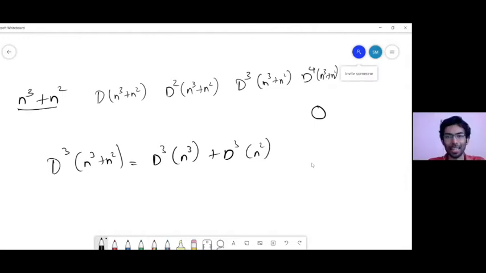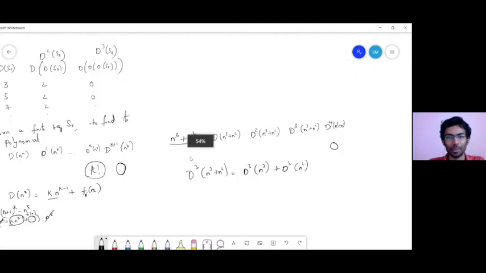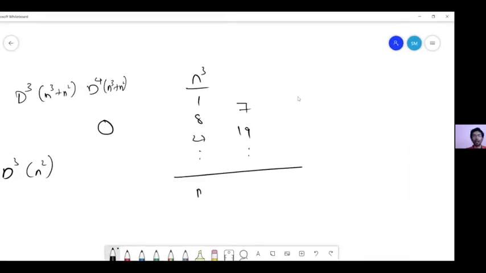In other words, before going to symbols, we saw that if you take n cube and take its difference, and so on, and then if I take n squared and take its difference, and so on, then using these two, we can write the table for n cube plus n square.